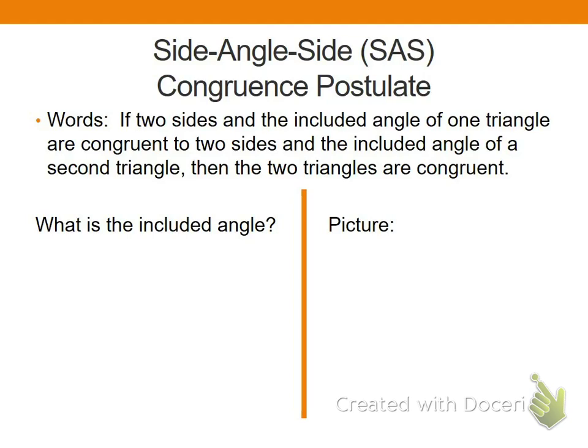Let's talk about side angle side. If 2 sides and the included angle of one triangle are congruent to 2 sides and the included angle of a second triangle, then the 2 triangles are congruent. We are asked the question of what is the included angle?